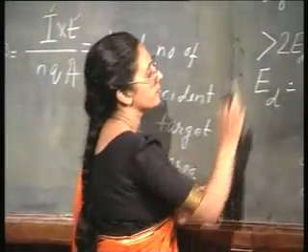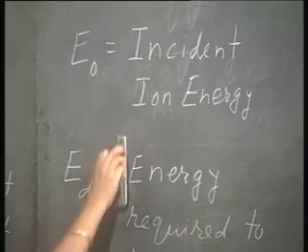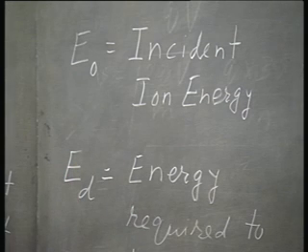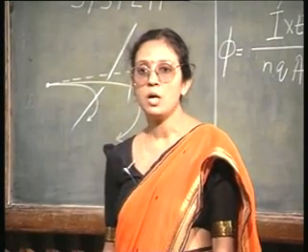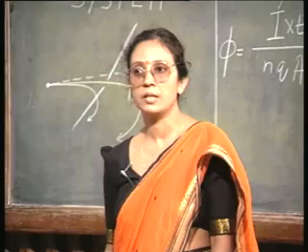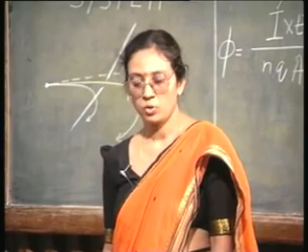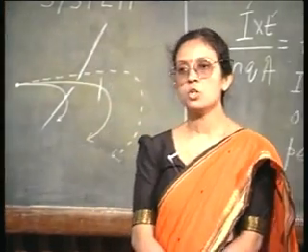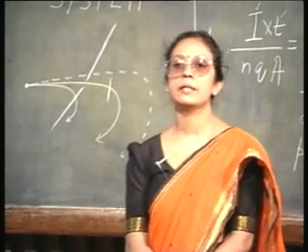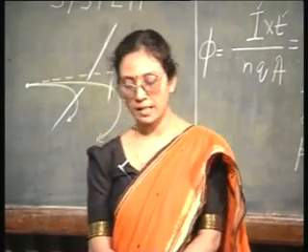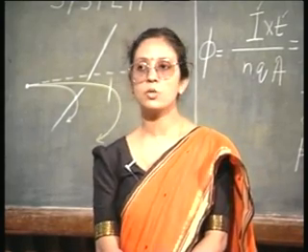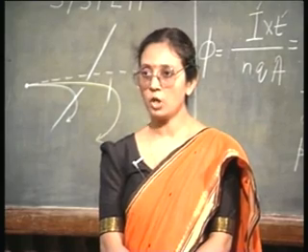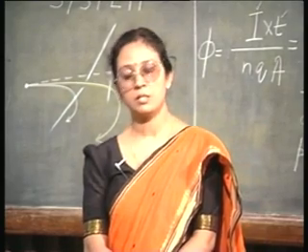So, the relationship between the incident ion energy and the energy required to dislodge a host atom will tell you how much damage there is going to be. Okay. So, on an average you can say that the number of displaced atoms per incident ion will be given by E0 by twice Ed.